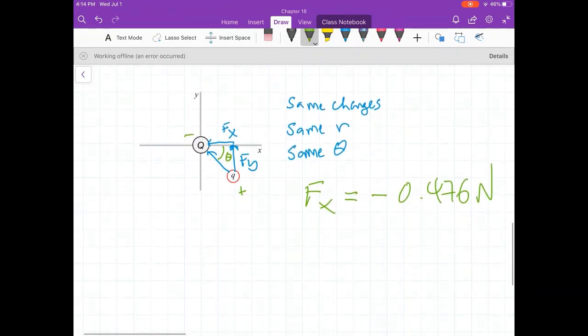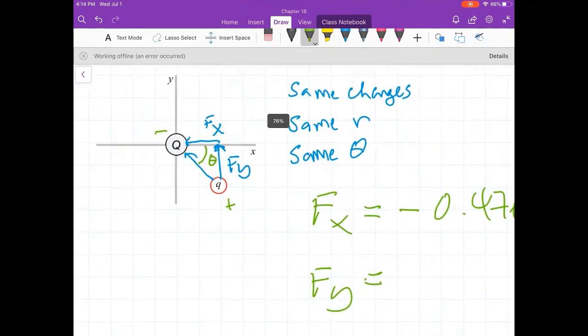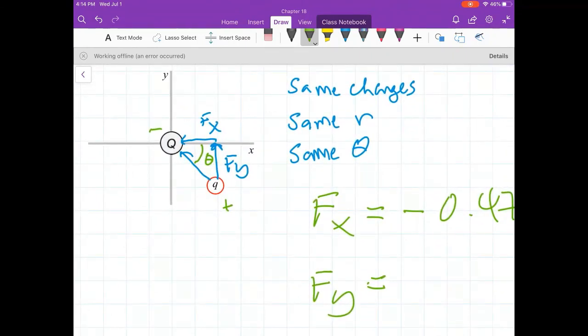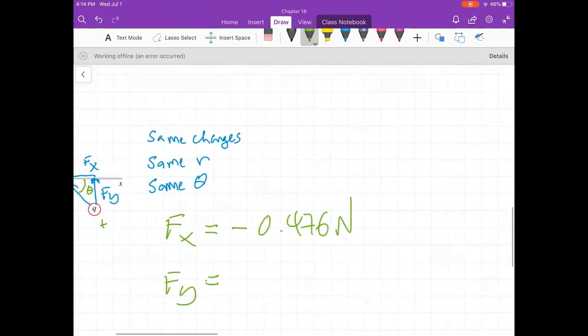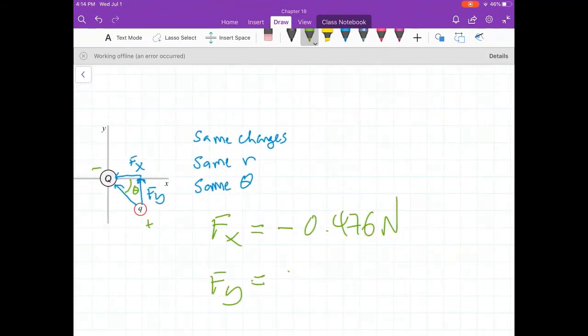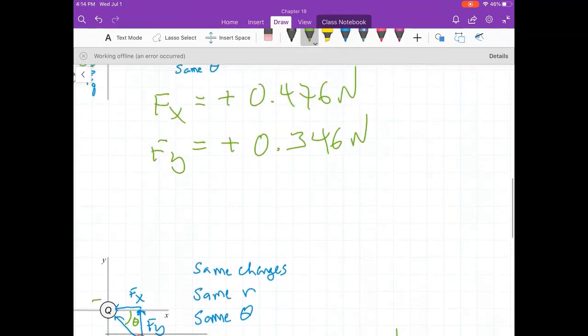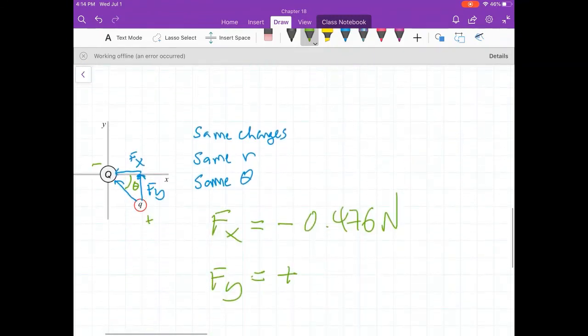The y component, so your picture, y component points up. That means the y component is going to be positive 0.346.